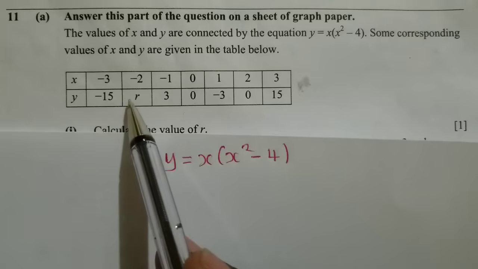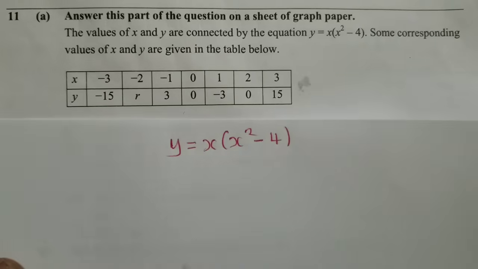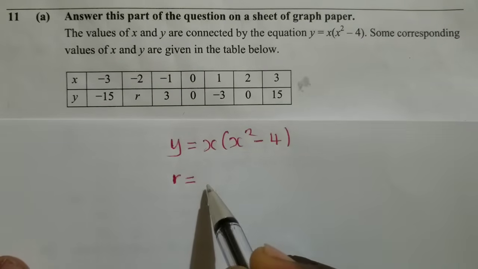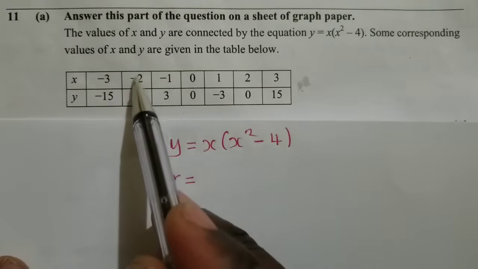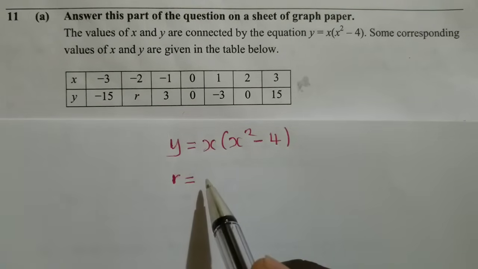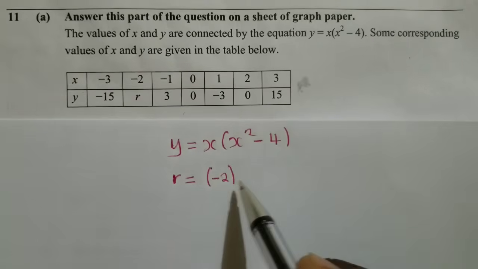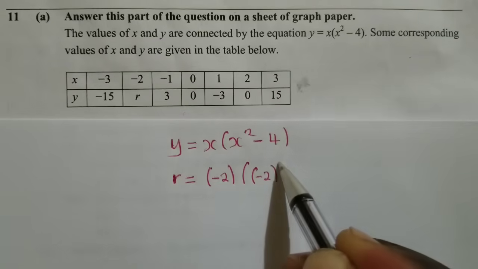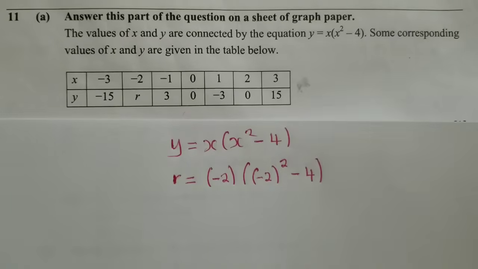So you can see we are trying to find the value of r. The value of r is under y-axis. We shall say r is equal to, where there is x, we are going to put the value that we have on top. So it will be open bracket, negative 2, close, open bracket, negative 2, close, power 2, minus 4, like that.